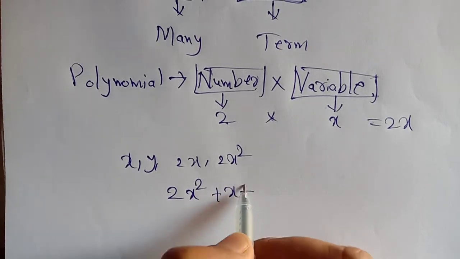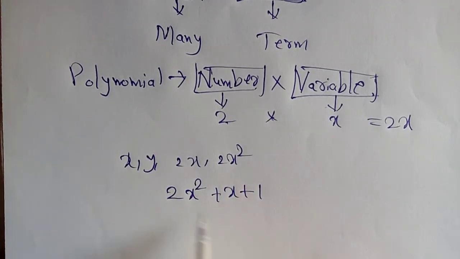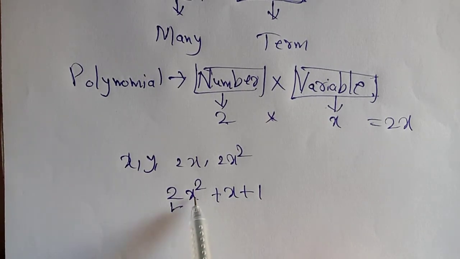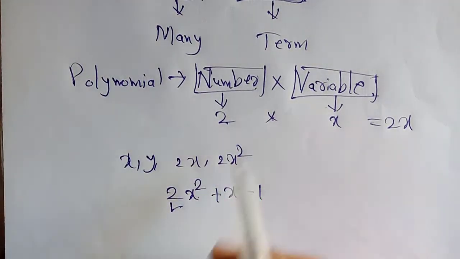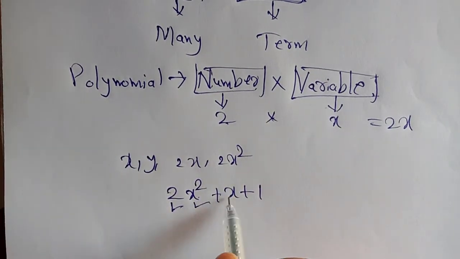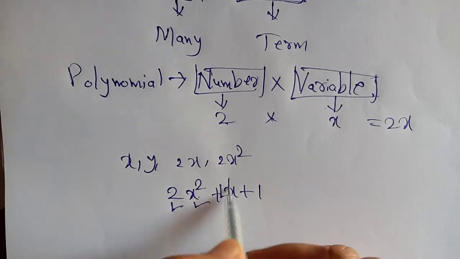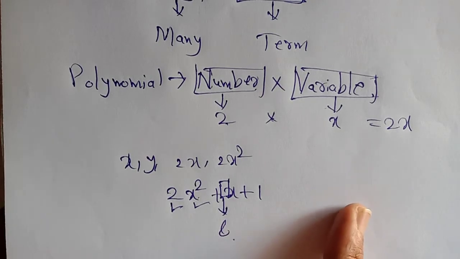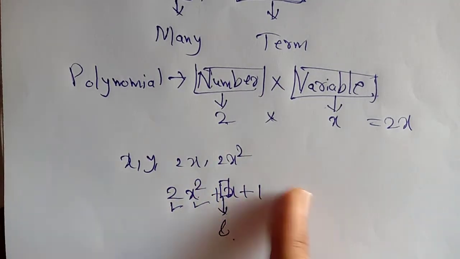plus x plus 1. So now in this, 2 is there and a variable is also there, number is there, variable is there. And here students, you may think that there is no number. So is it a polynomial without a number? You may be thinking like this.